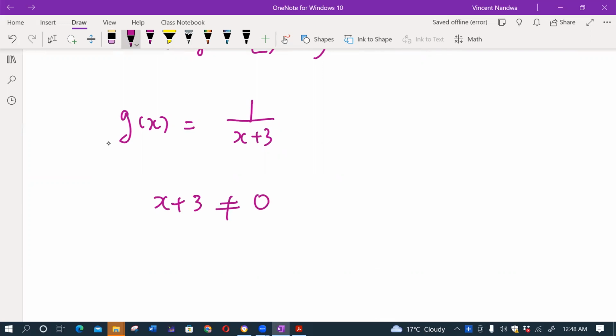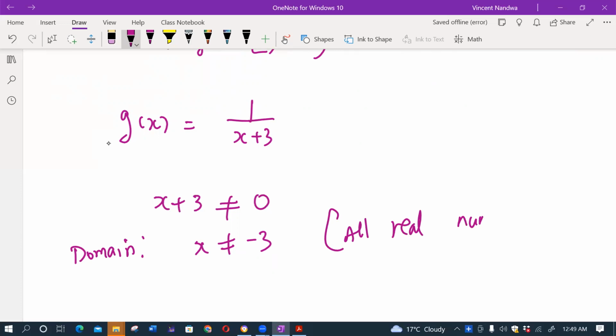So we remove all the possibilities that would give us a 0 at the denominator. This means we'll pick any value apart from minus 3. So the domain is all real numbers except minus 3.